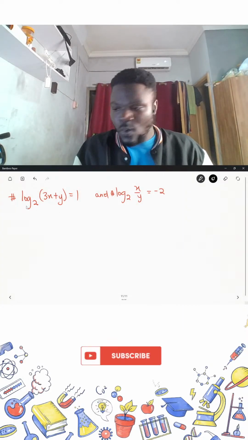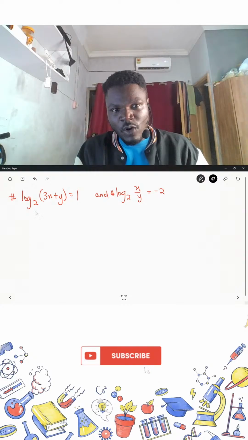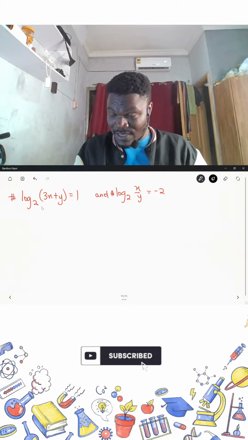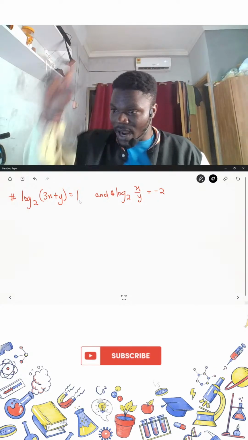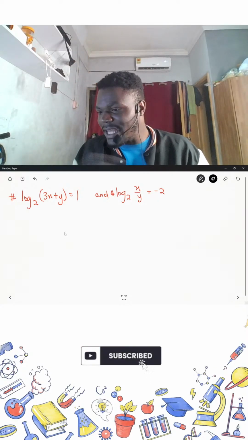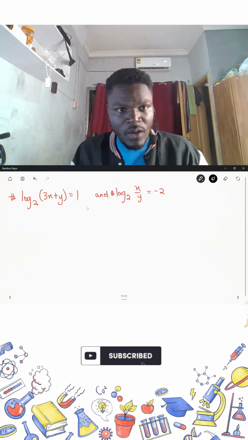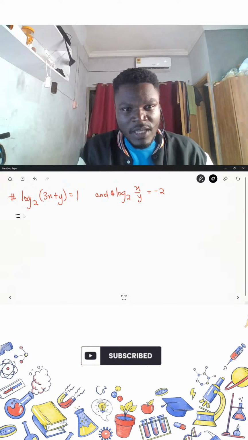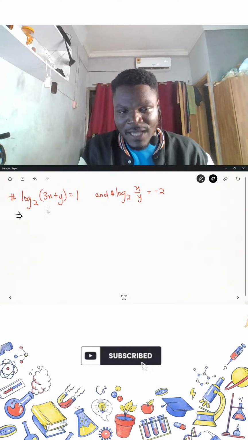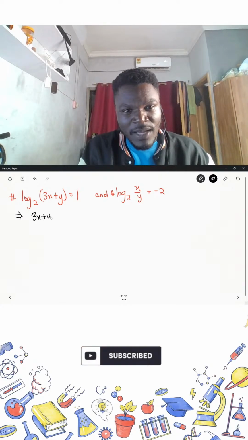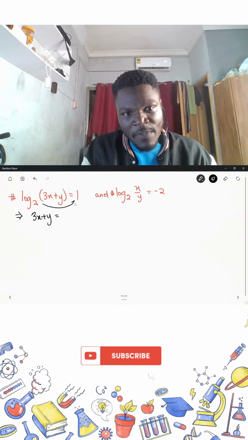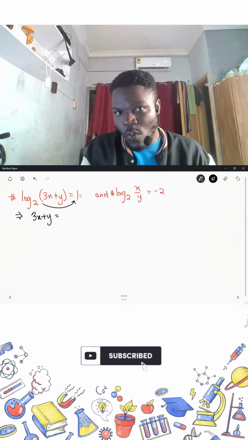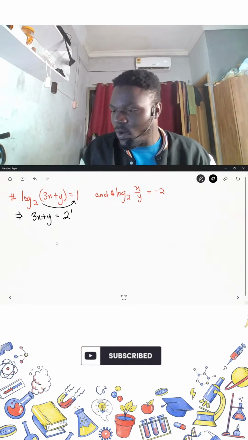Over here, one of the laws of indices is that if I have log to a certain base and it's equal to a number, the base can go and be raised to the number as its power, and then the log is gotten rid of. So from here, we have 3x plus y, and this will be equal to the base, which is 2, raised to the power 1.